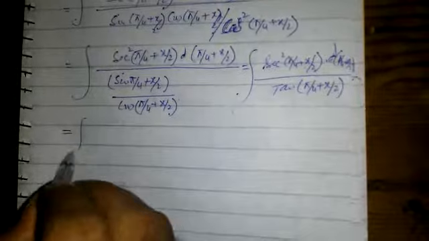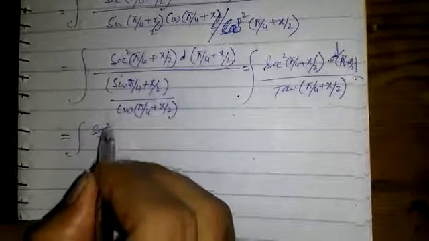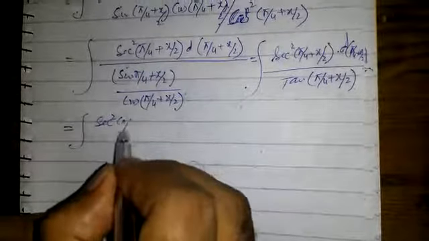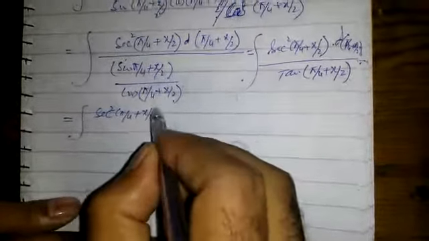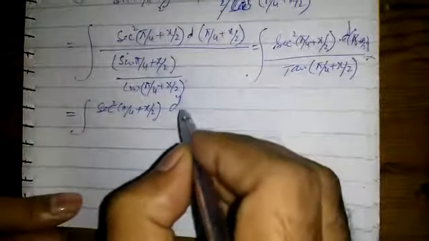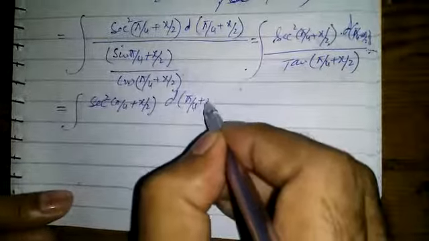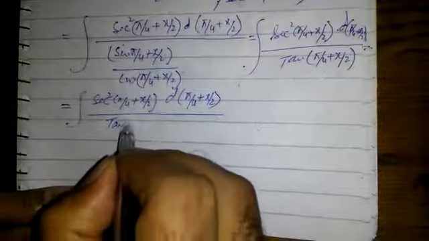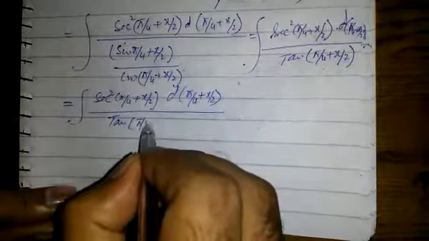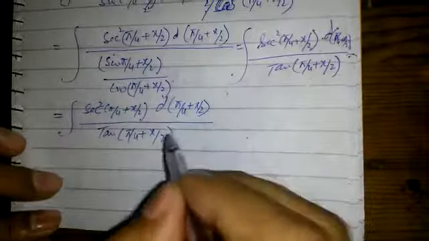This is equal to integral secant square pi by 4 plus x by 2 into the differential of pi by 4 plus x by 2 over tan pi by 4 plus x by 2.